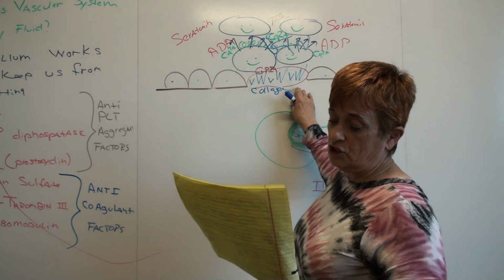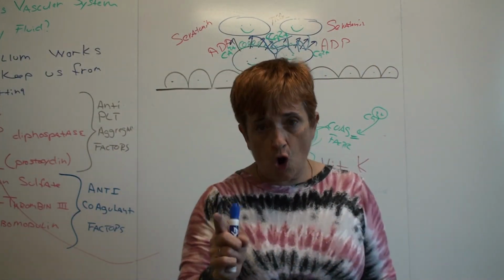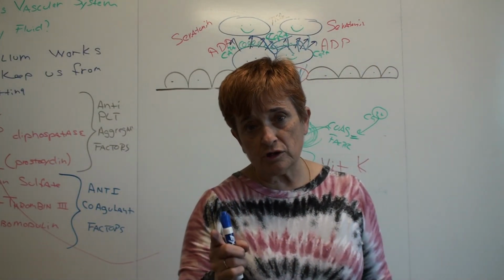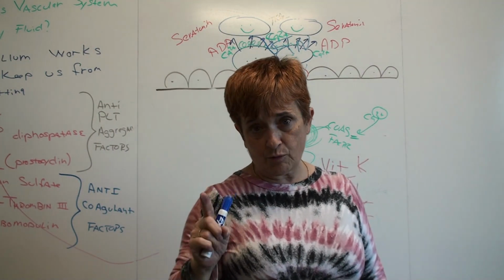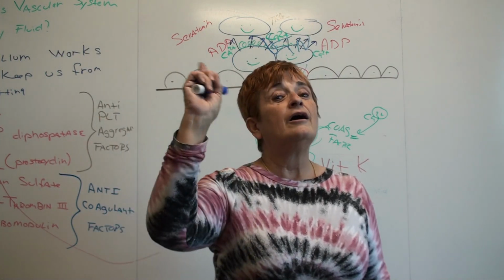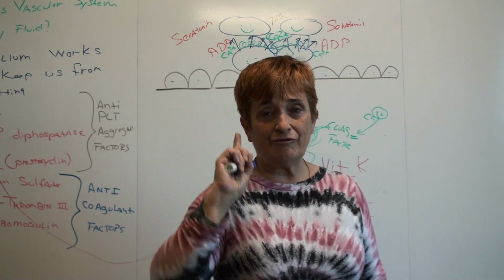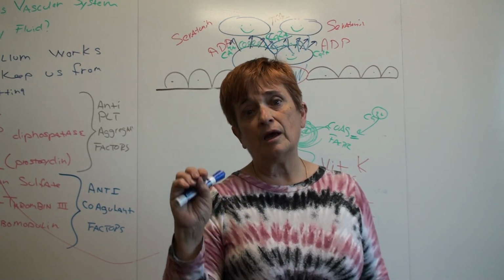And the coagulation factors start coming in. What was the goal of coagulation factors? The goal of coagulation factors is to get from thrombin to fibrinogen to fibrin. And remember, the end product is fibrin.